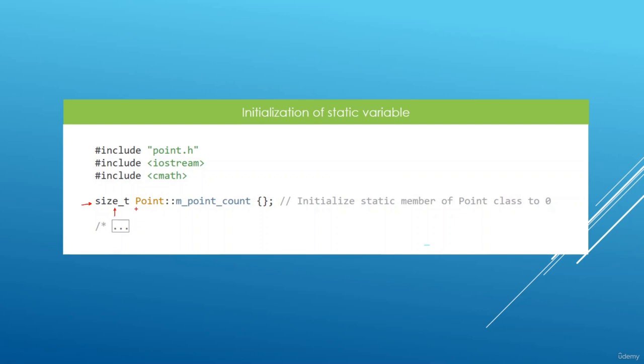The syntax is really simple. You say the class that the member variable belongs to using the scope resolution operator, and then you say the variable name. After this, you can then use curly braces to initialize your member variable to whatever it is you want. This is going to set up our static member variable, and we can use it in our C++ program.